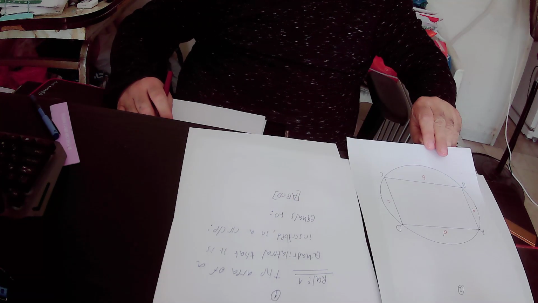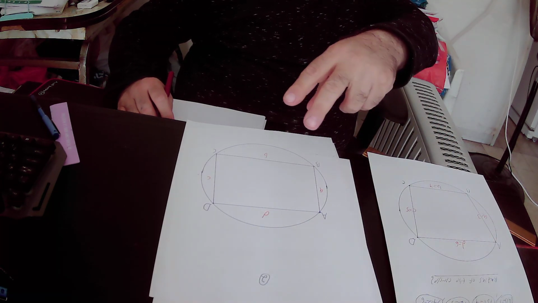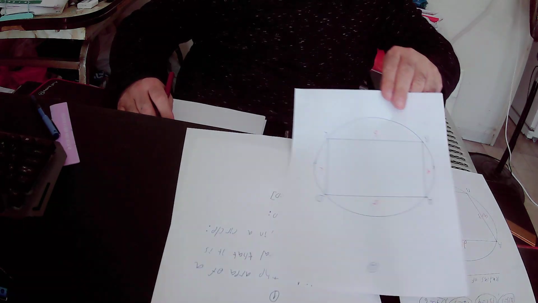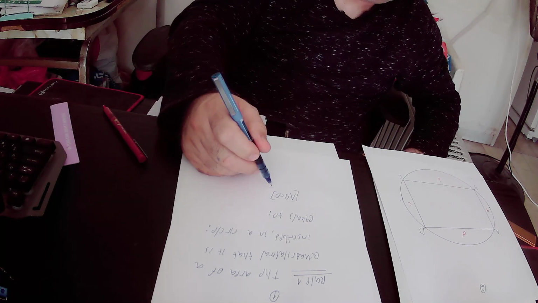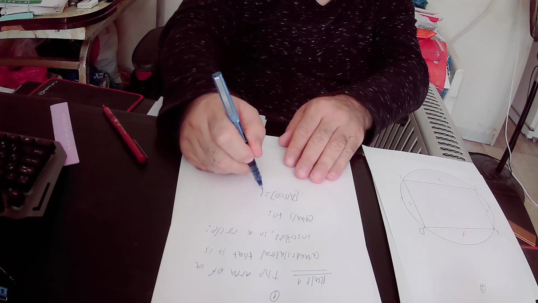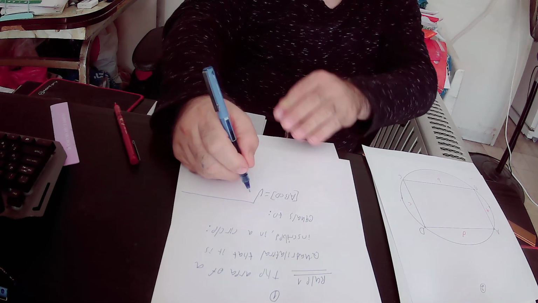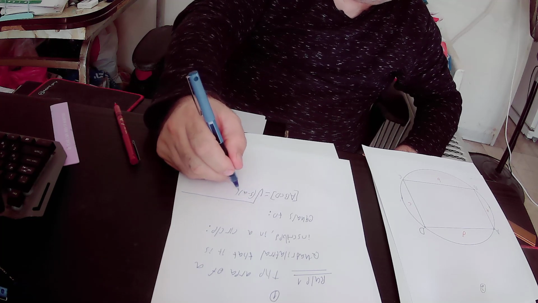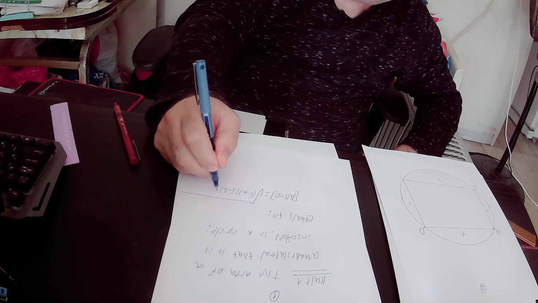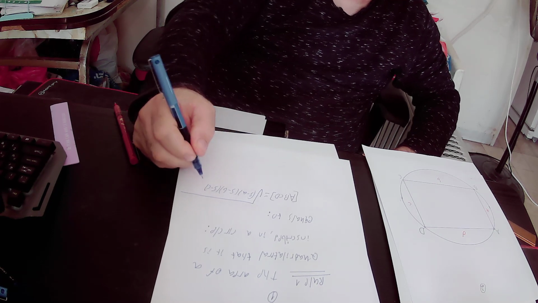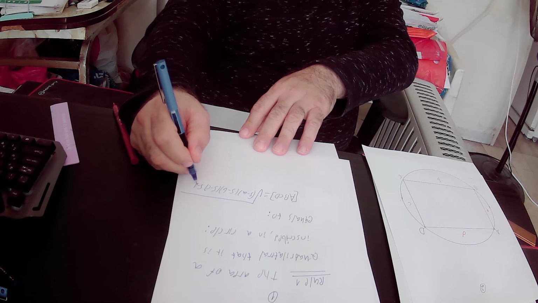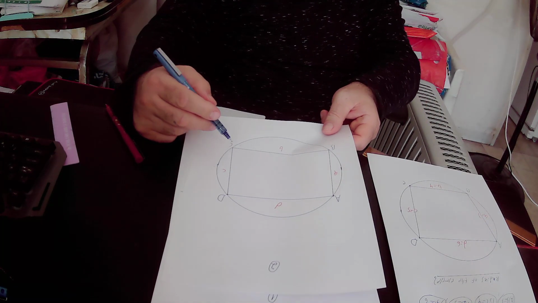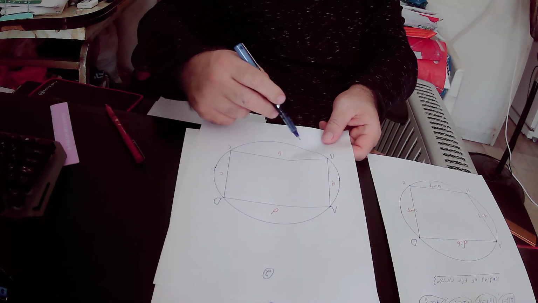So the area of this quadrilateral that is inscribed in this circle will be equal to the root of S minus A times S minus B times S minus C times S minus D, when A, B, C, and D are the lengths of this quadrilateral.